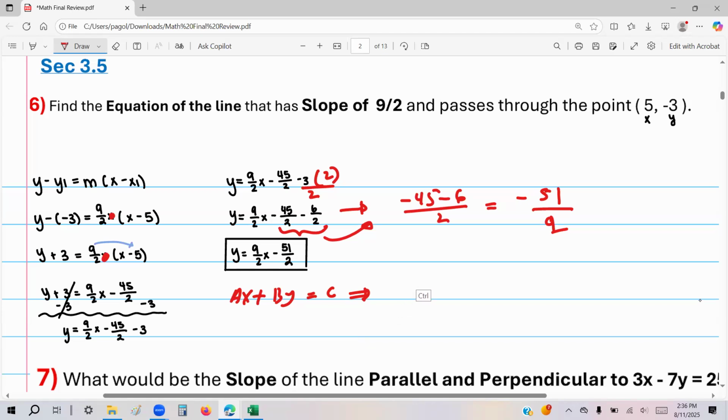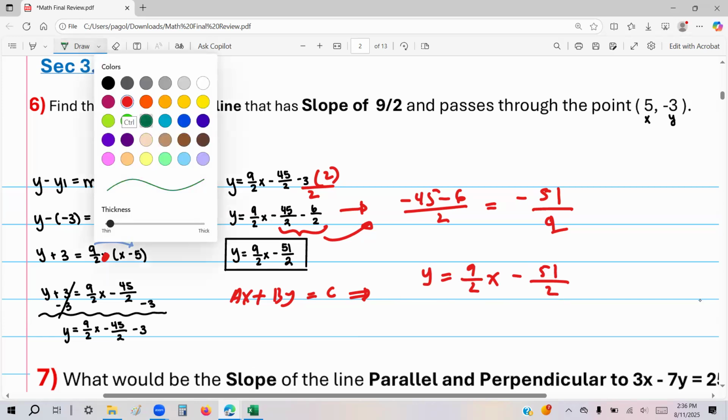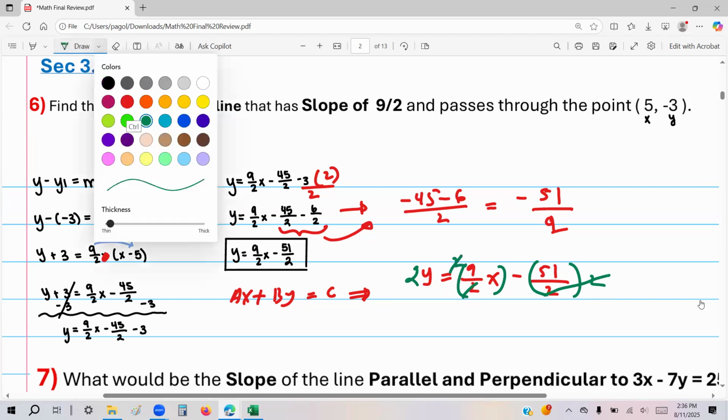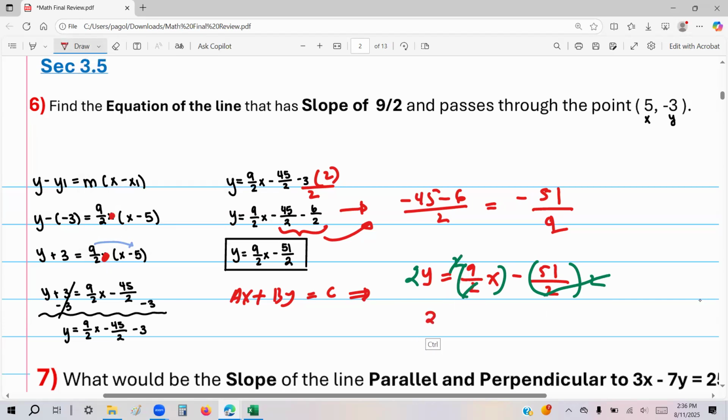We have y equals 9/2 x minus 51/2. To get rid of the denominator, we need to multiply both sides by 2. So these two cancel out, these two cancel out. We get 2y equals 9x minus 51.